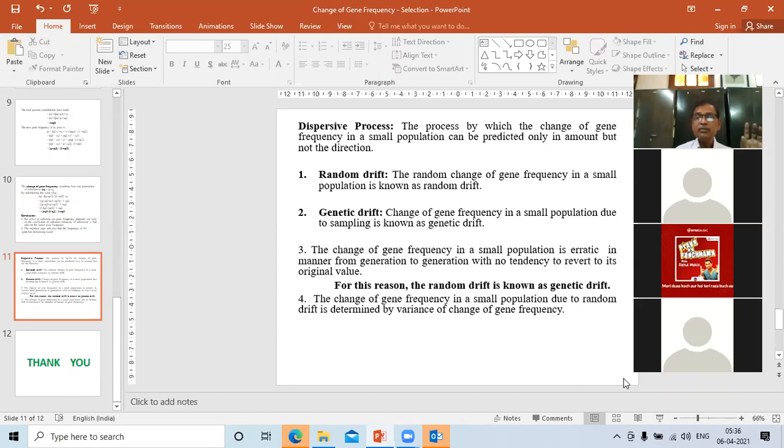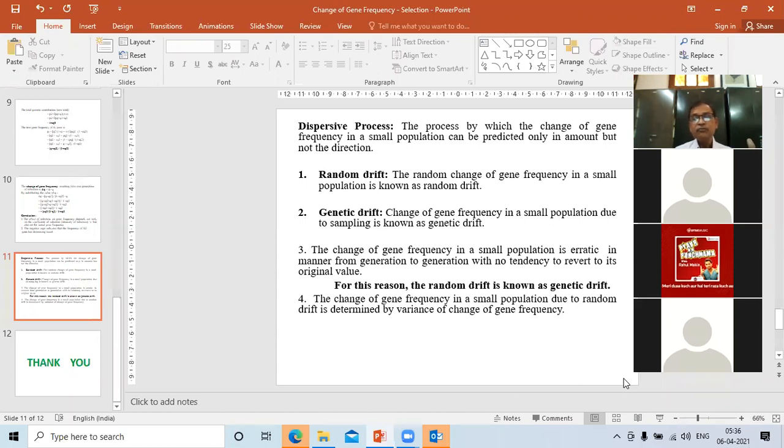When we are considering a small population, we draw a sample each and every time, and you will find that the frequency of the gene will be changing in such a way that if the frequency of A1 increases, naturally the frequency of A2 will decrease in the next generation.